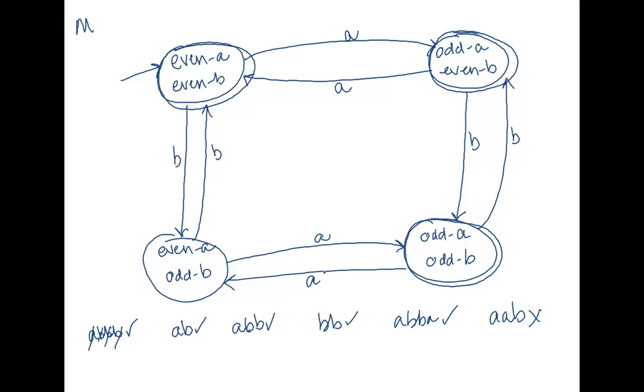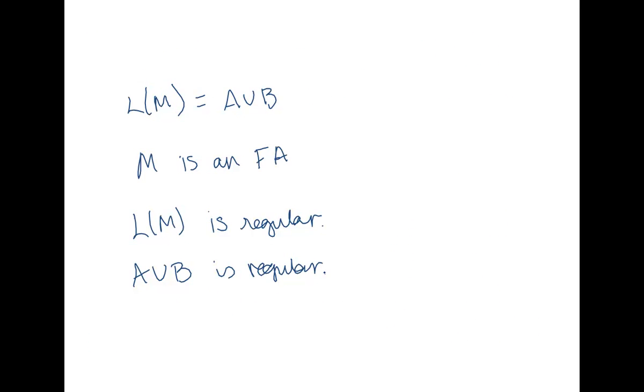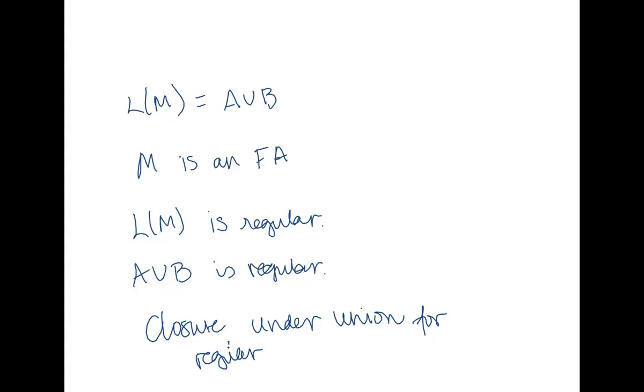And this machine will be the language of the union of those two languages. Okay, so this shows closure under union for regular languages. Okay?